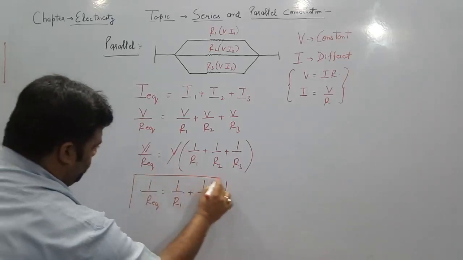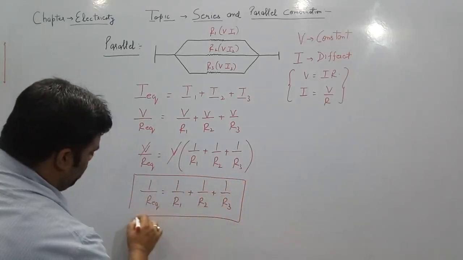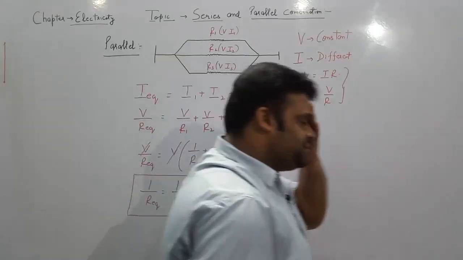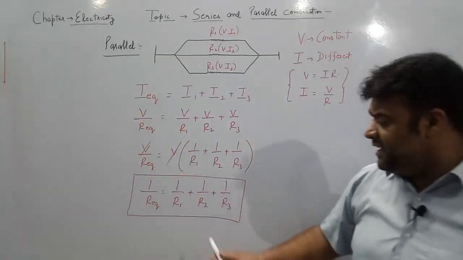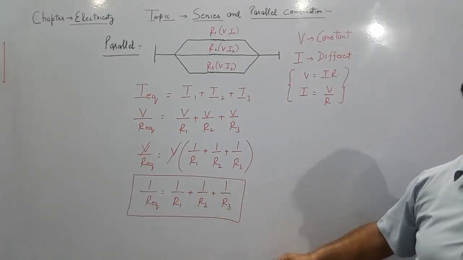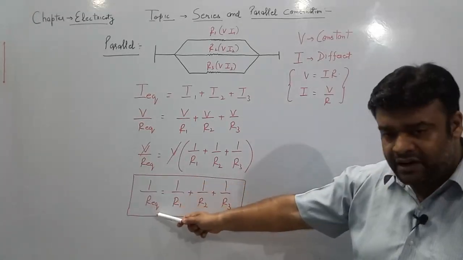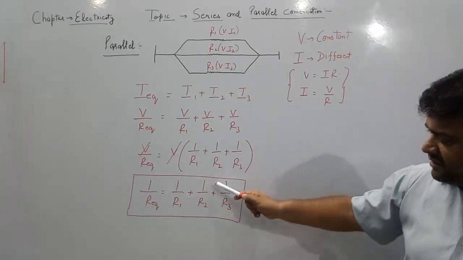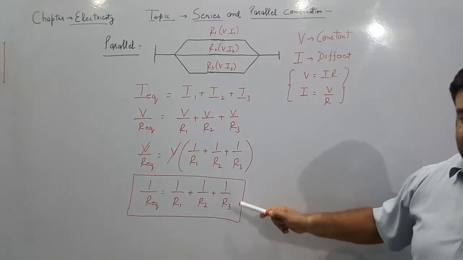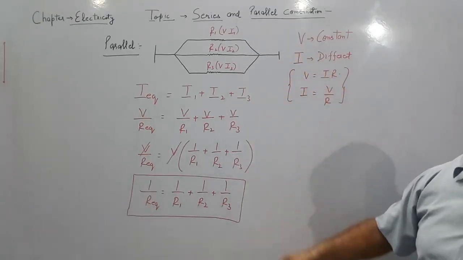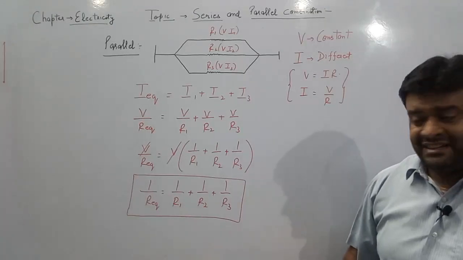That is the formula for equivalent resistance in parallel combination: the sum of reciprocals of resistances. That is 1 upon R equivalent, total resistance will be 1 upon R1 plus 1 upon R2 plus 1 upon R3 and so on for any number of resistances.